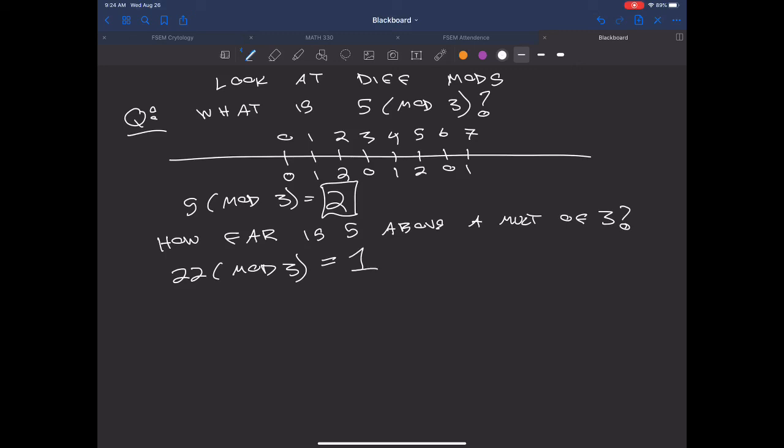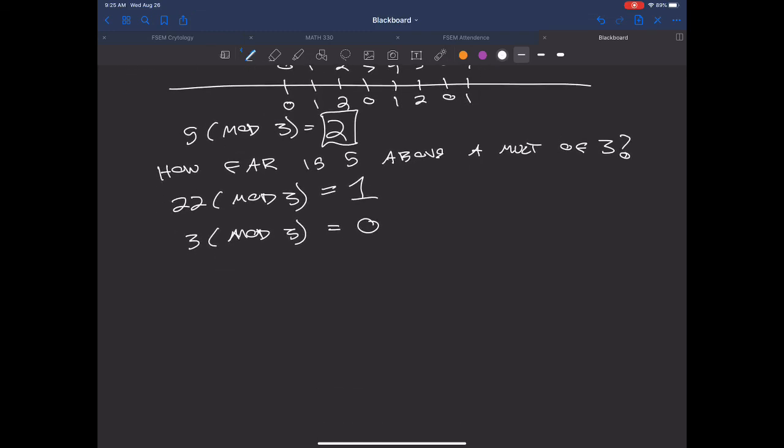So 22 mod 3 is going to be 1. All right, we'll do one more. 3 mod 3. How far away is 3 from a multiple of 3? Well, 0, because 3 is a multiple of 3. So all multiples of 3 are actually going to be 0 when we consider them in mod 3.